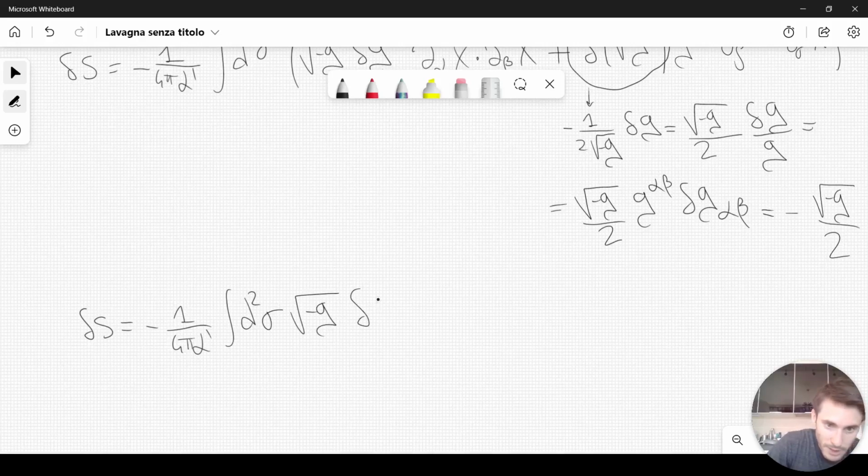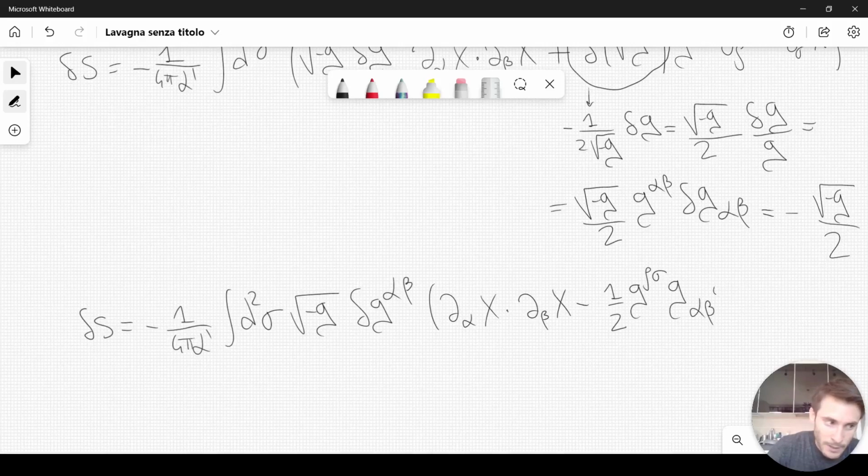You can factor out δg^{αβ}. And then you have ∂_α X · ∂_β X − 1/2 g_{ρσ} g_{αβ} ∂^ρ X · ∂^σ X, like this.